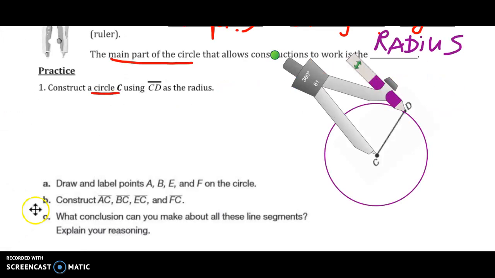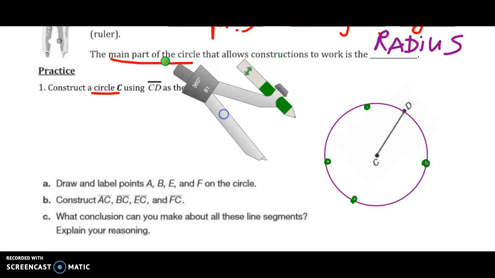Sorry about that, the page got moved around a bit. So it says to draw and label points A, B, E, and F on the circle. We will do that. Doesn't matter where they are.